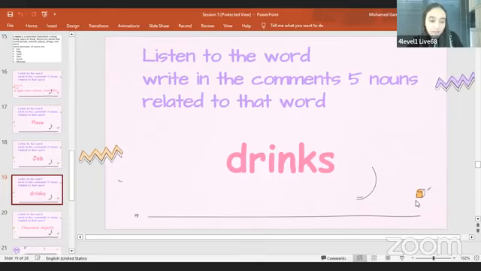Maryam: lawyer, doctor, engineer, teacher, and accountant. Great job, ya Maryam. That's for the words related to job. Amazing. Can you do this one? Can you give me 5 nouns related to drinks? Abdurrahman wrote strawberry, guava, mango, apple, and banana.